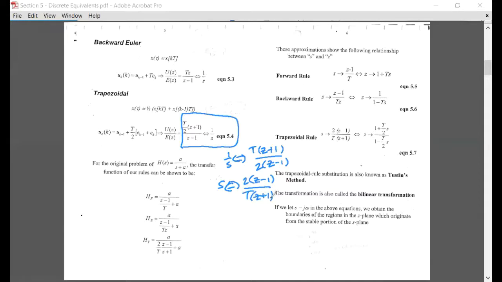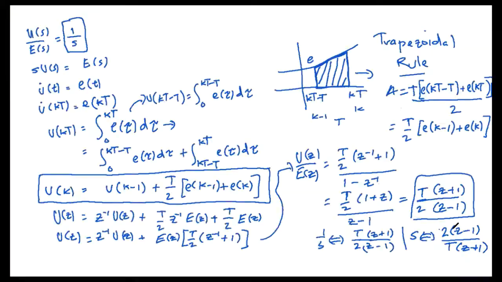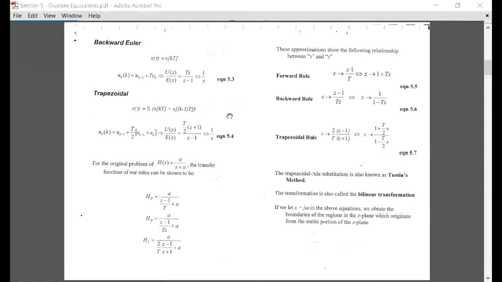So that is exactly what we got in my result, 2 over T, z minus 1 over z plus 1, which is equivalent to s in my original equation, H of s equals a over s plus a.